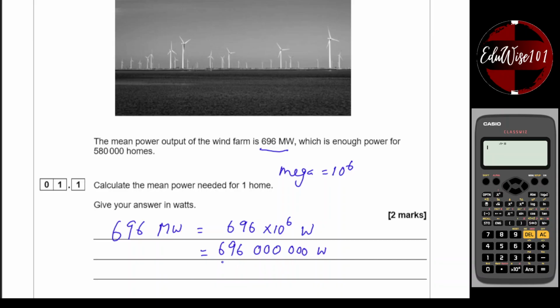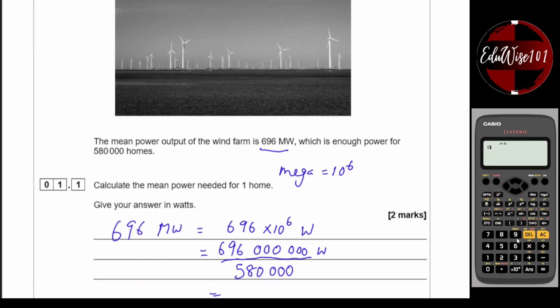If you divide that by 580,000, you should get the answer. So let's do that in the calculator.